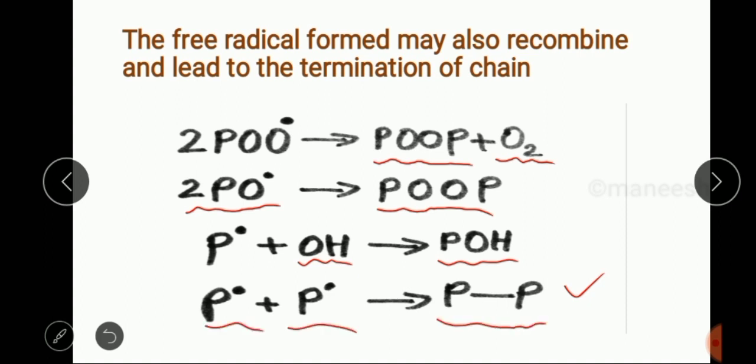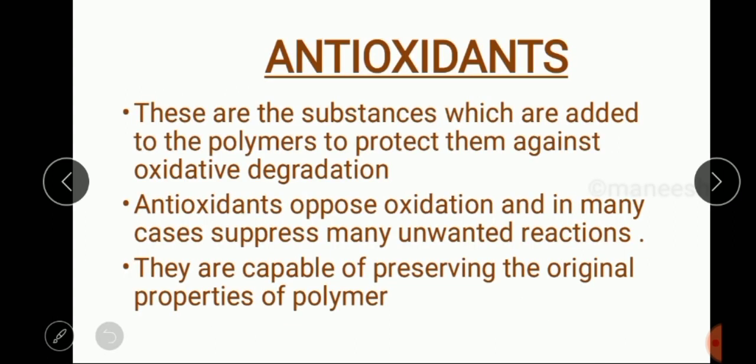Then, in order to avoid this type of oxidative degradation, we can use antioxidants to suppress it. Antioxidants are substances which are added to polymers to protect them against oxidative degradation.